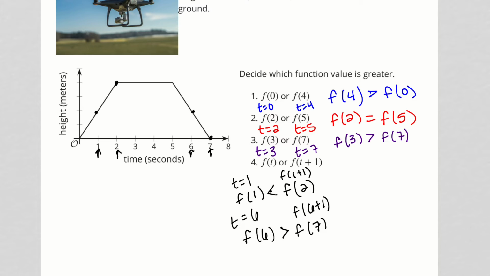Is f of t always going to be greater than f of t plus 1? No. What about the other way? Is f of t plus 1 always going to be greater than f of t? No, because we can see that it's going to flip-flop. So it would depend on the value of t.